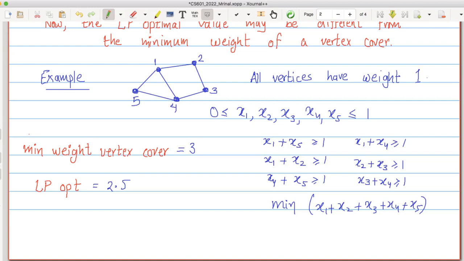So what you can see is that all variables can be set to half, right? And that will satisfy all the constraints. So that is clearly a feasible solution, and the objective function takes value 2.5, right? And you can convince yourself that this is indeed the optimal solution. There is no other solution better than this.